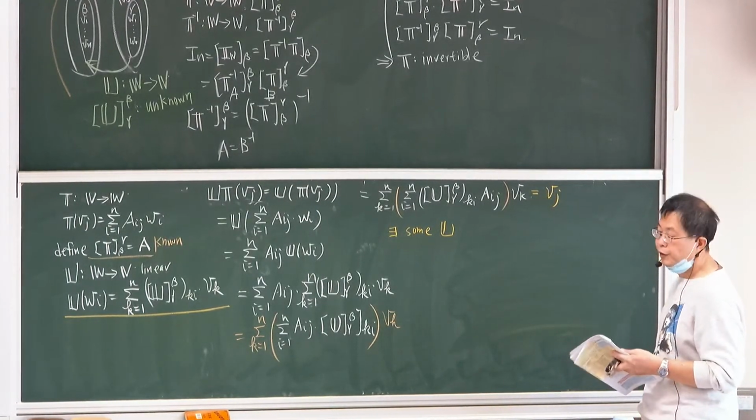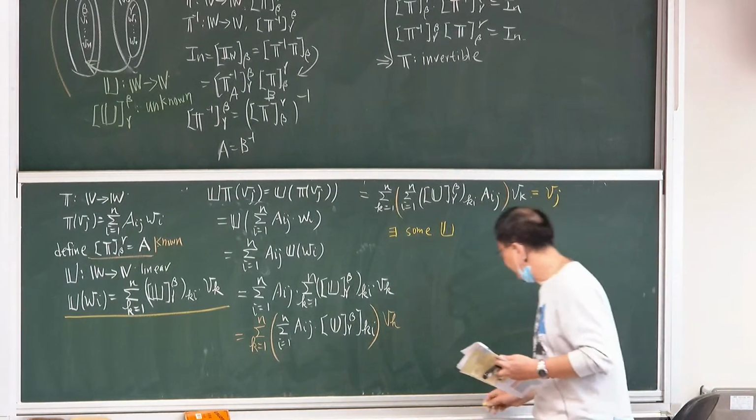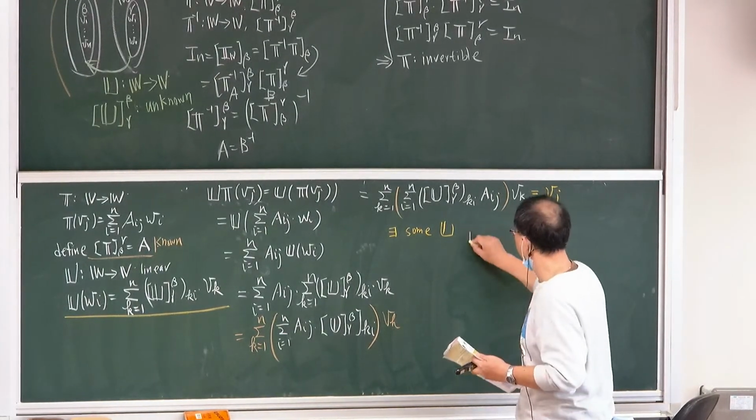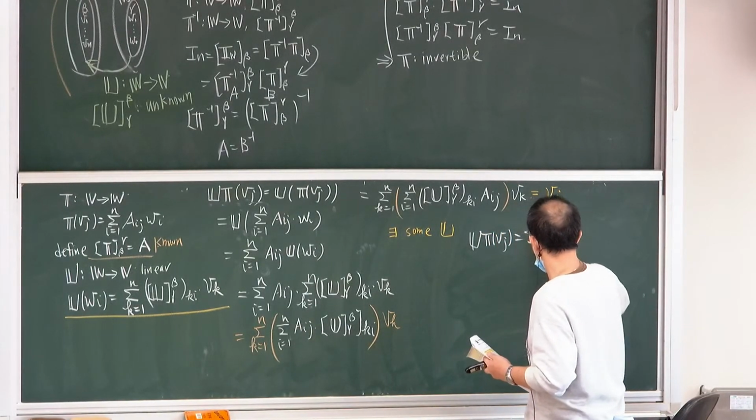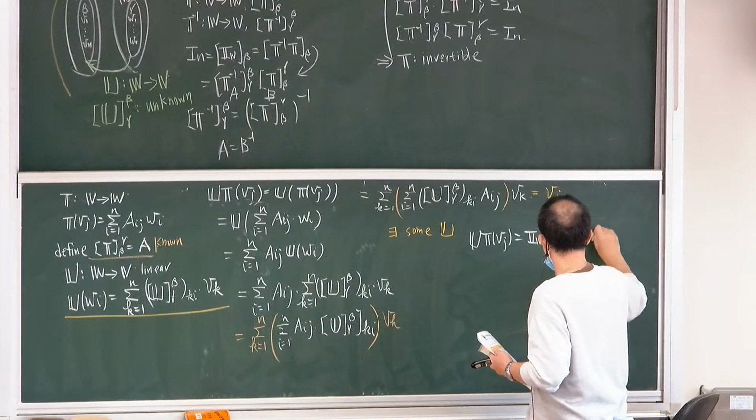That is to say, UT(vj) equals I(vj) equals vj.